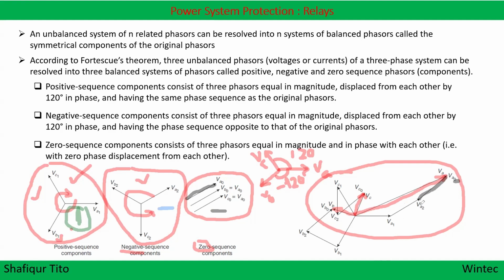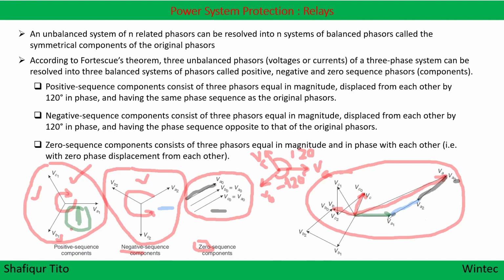Now here you have A2. A2 is always the negative sequence. This one I will take the blue one, so this is my negative sequence. And then I have the green one, and this is my positive sequence.